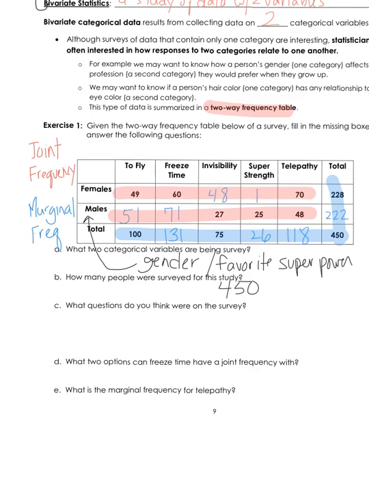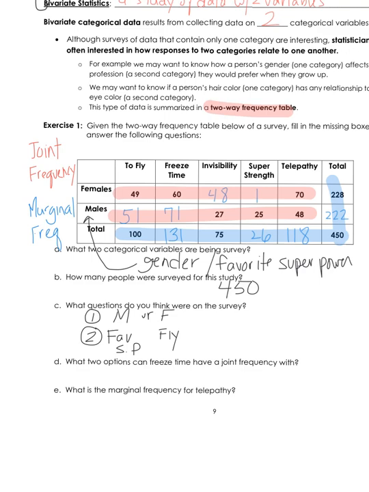What questions do you think were on the survey? Well, I think there were 2 questions with choices. So I think first question, male or female. And I think the second question was choose your favorite superpower. And then there were choices, and the choices that we can see above.